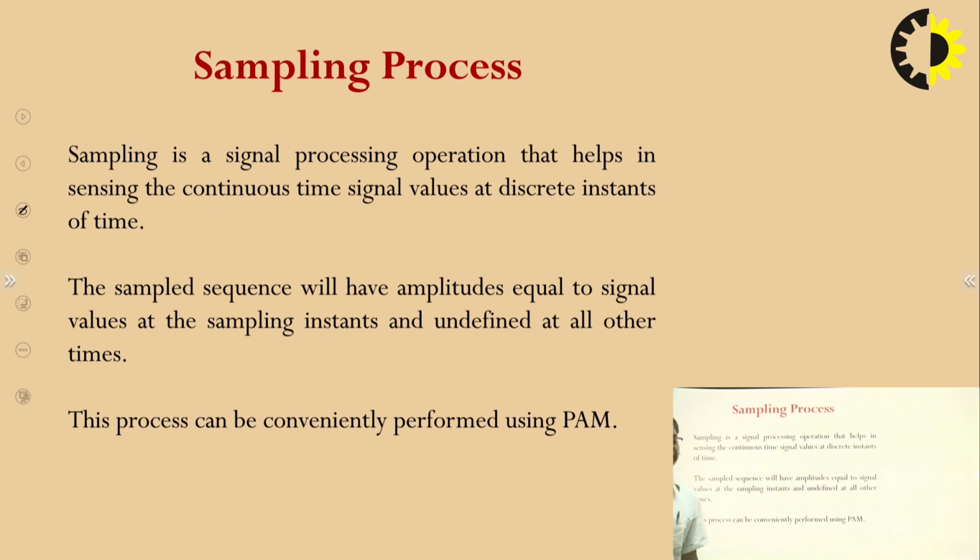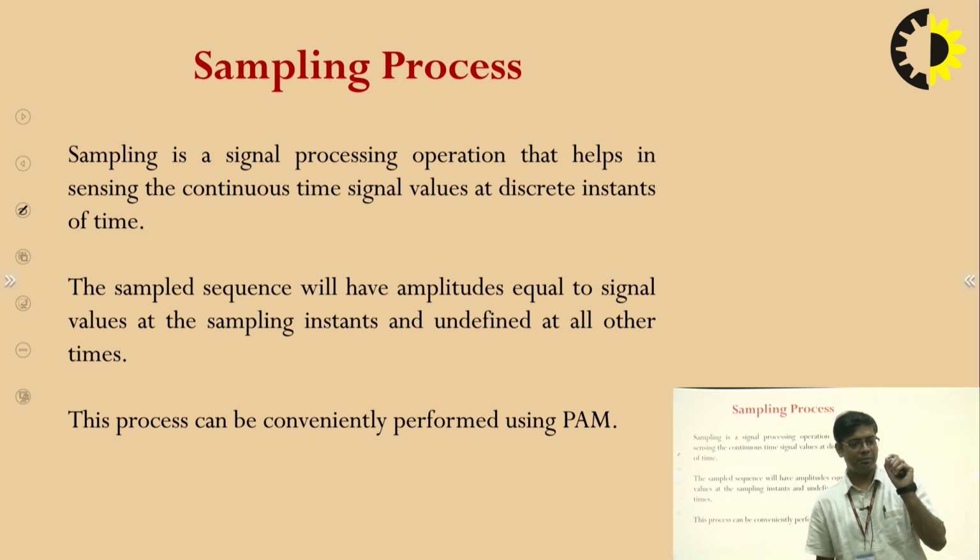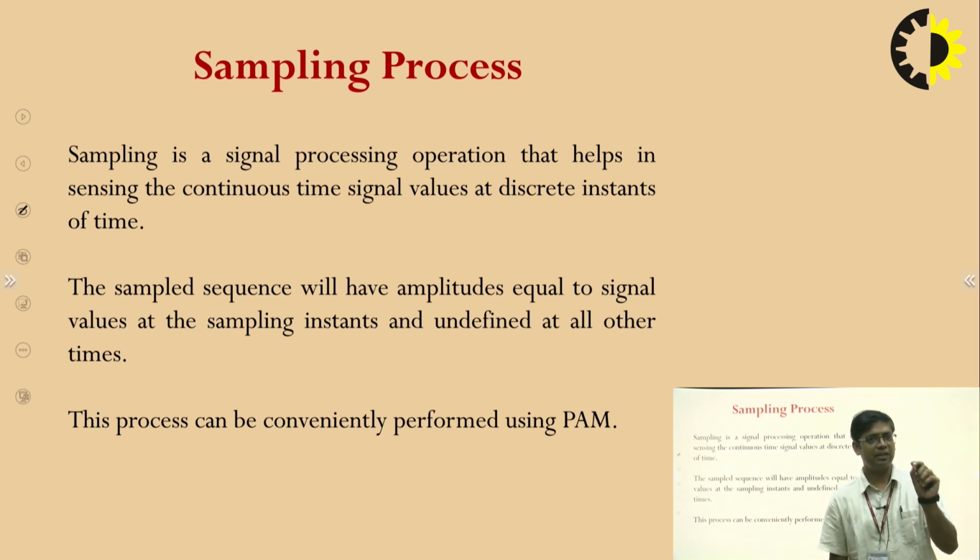We know that an analog signal, a continuous signal, exists at every instant of time, and if we have to take the values of this continuous time signal at some defined, distinct instants of time, then that can be achieved by using the sampling process.